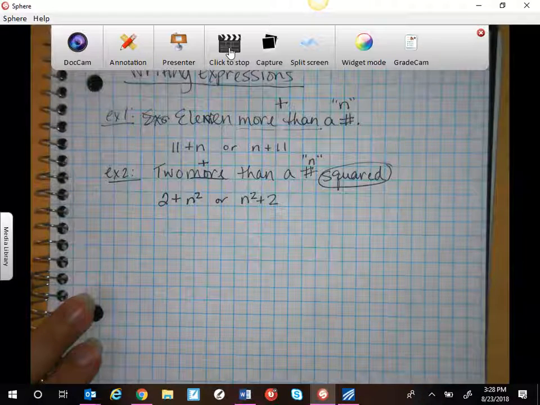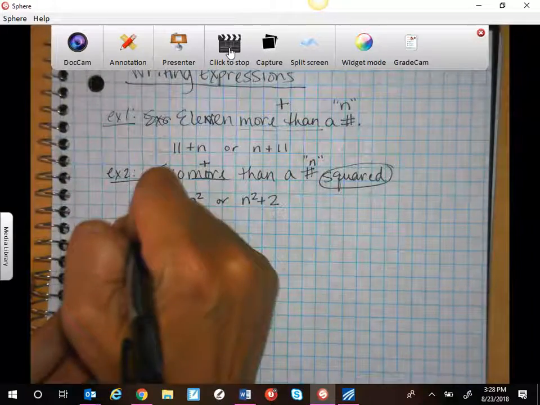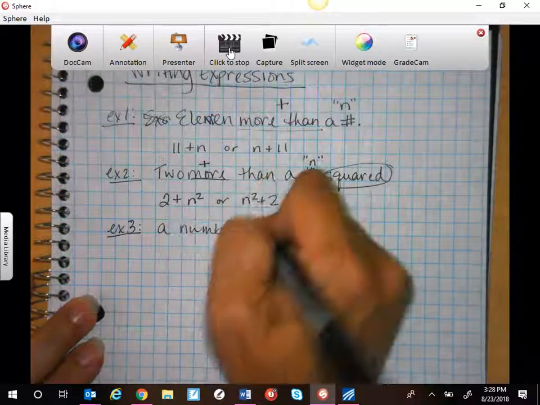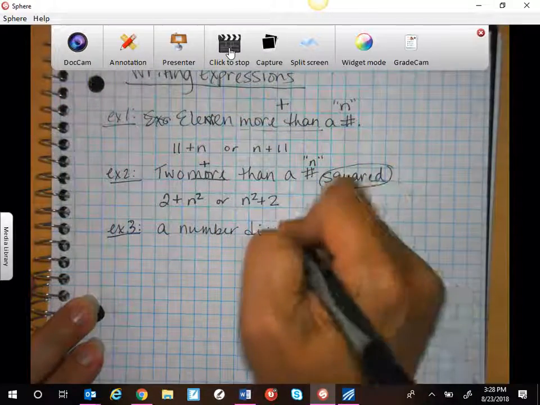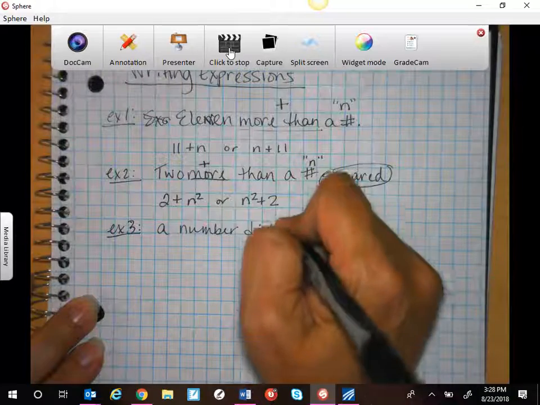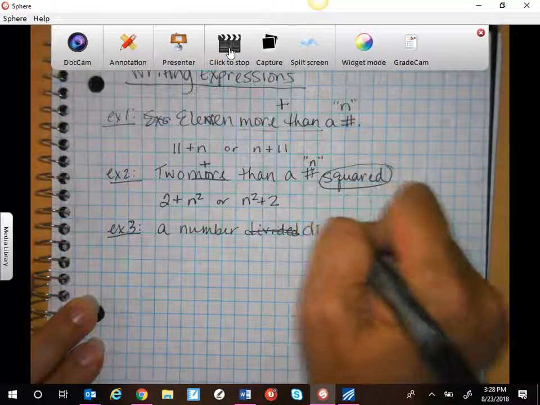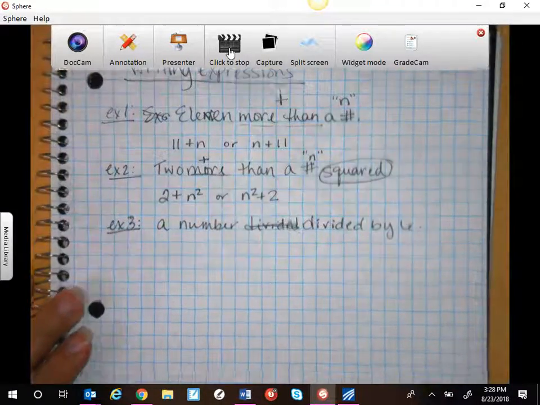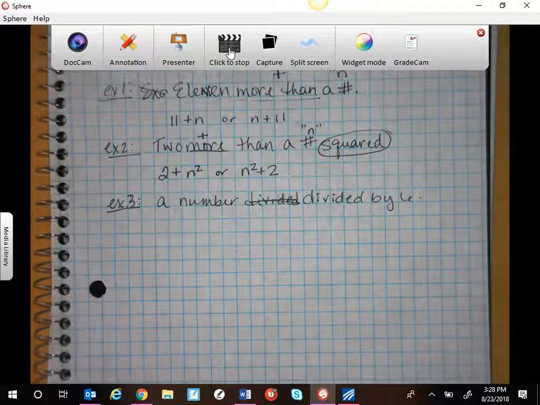So the third one is a number divided by 6. Now remember, in 7th grade, you learned how to write division through all of your grades in multiple ways.